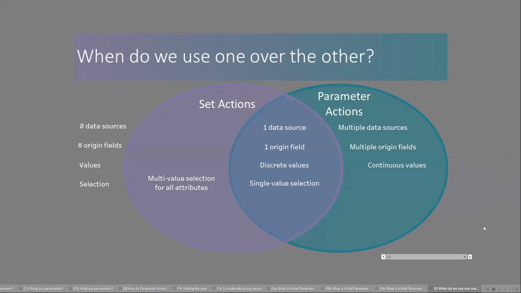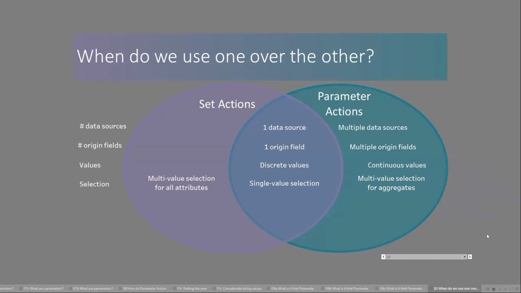But parameter actions, since parameters can technically only take one value, will first aggregate all the values that you select by taking the sum or the average or the minimum or the maximum, or as you just saw with strings, by concatenating them. And then they will assign that aggregate to the parameter.